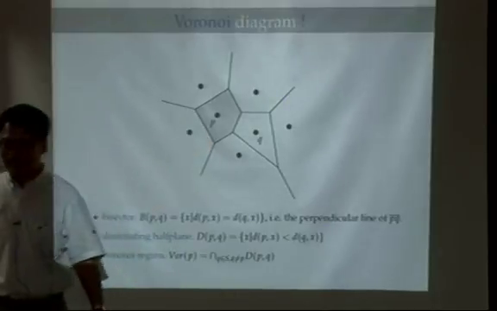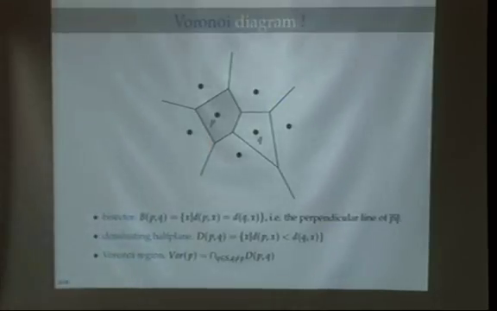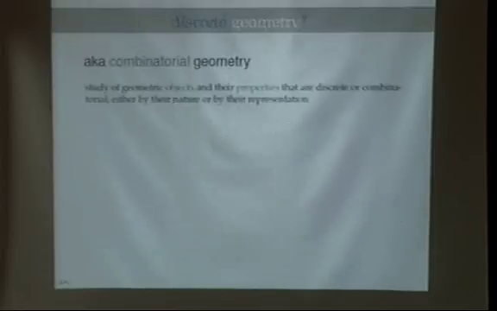The number of Voronoi edges and the number of Voronoi vertices are linear. Linear means that if we have n points, then there are at most c times n edges or Voronoi vertices, where c is some fixed constant. So this is a typical, important concept in computational geometry or discrete geometry and so on.